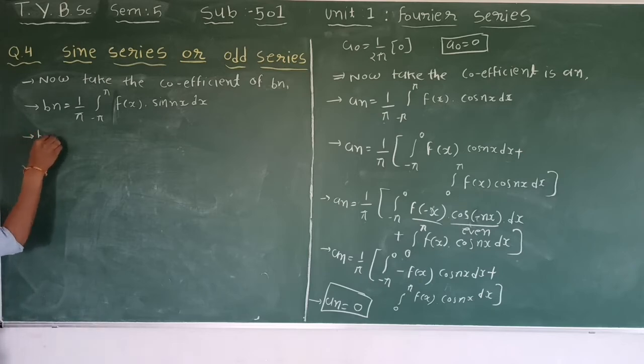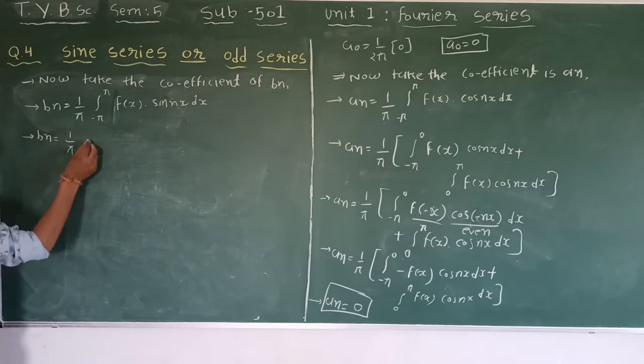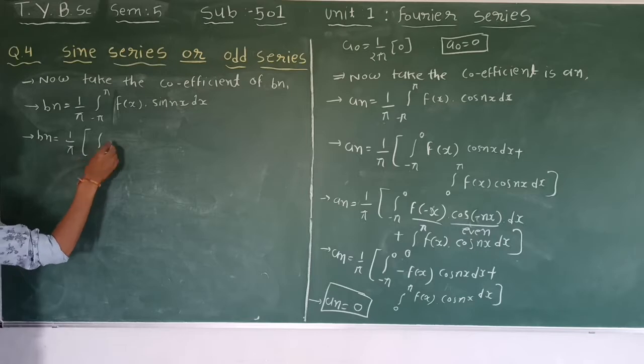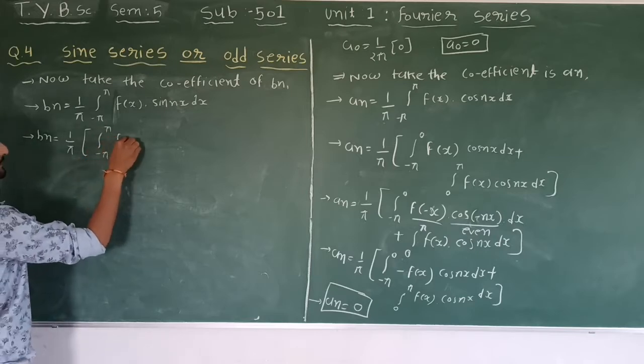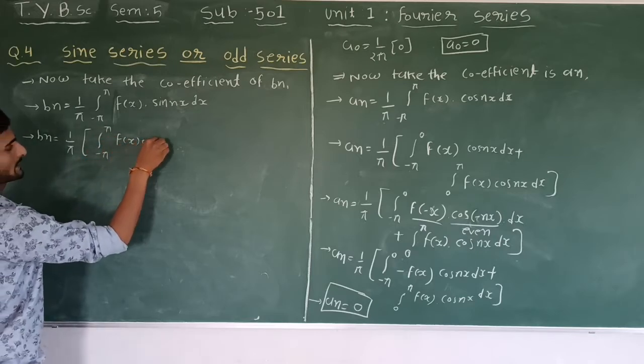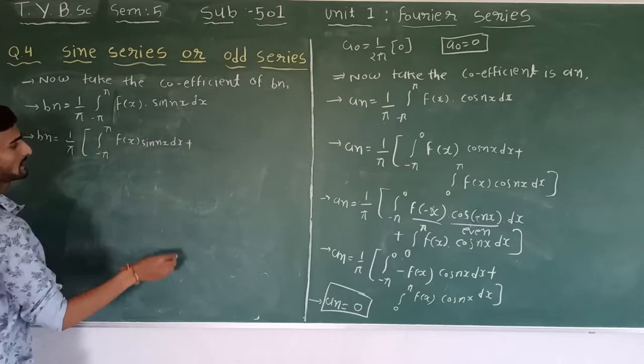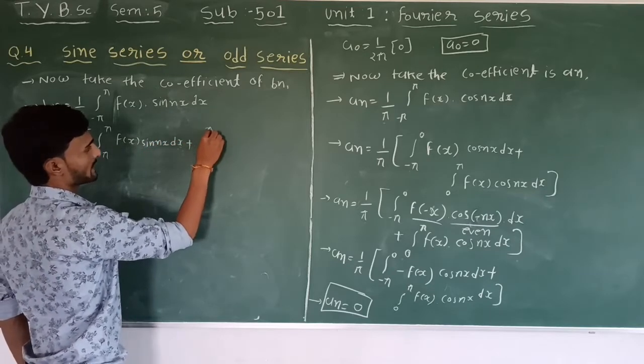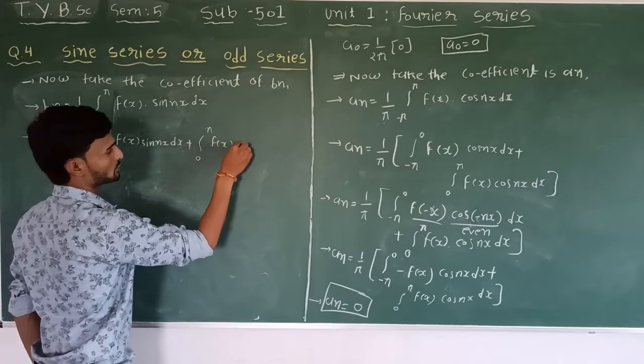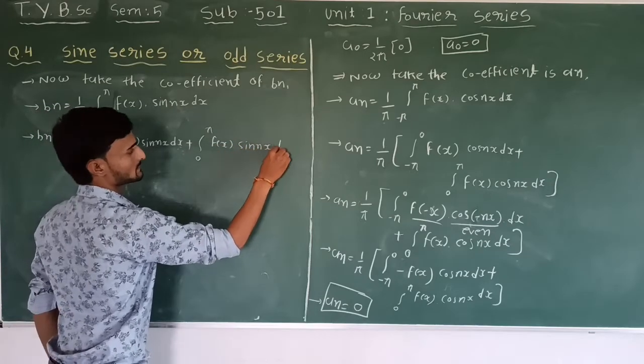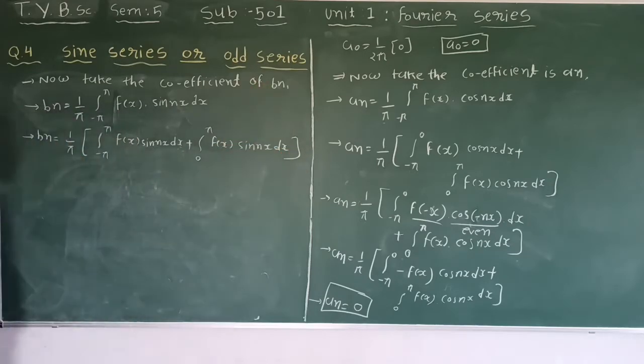So Bn is equal to 1 upon pi, integral from minus pi to 0 of f of x into sin nx dx plus integral from 0 to pi of f of x into sin nx dx.